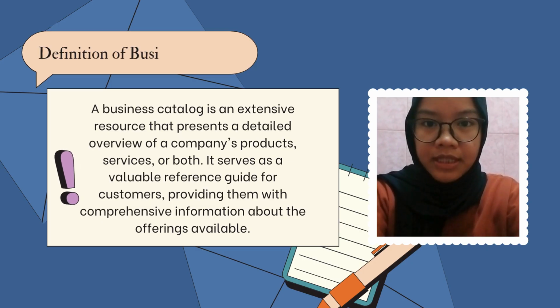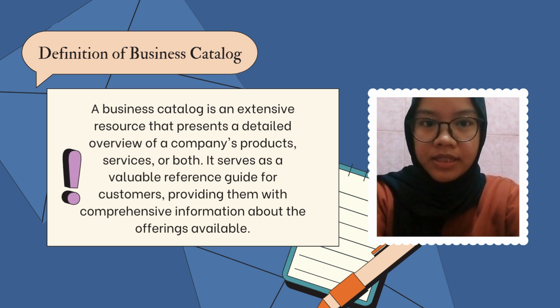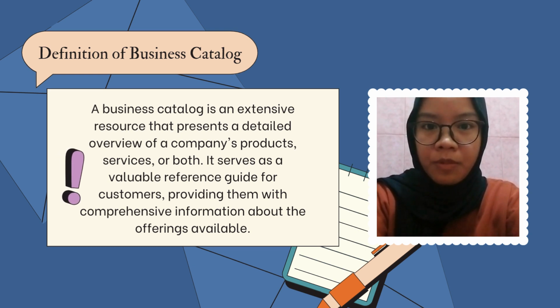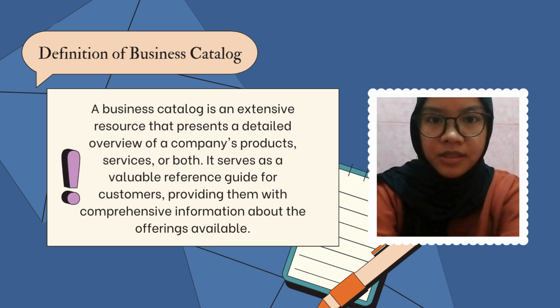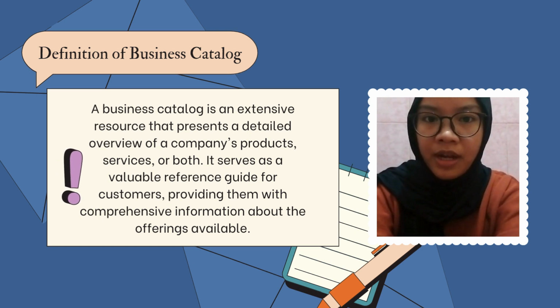Definition of business catalog. A business catalog is an extensive resource that presents a detailed overview of a company's products, services, or both. It serves as a valuable reference guide for customers, providing them with comprehensive information about the offerings available.